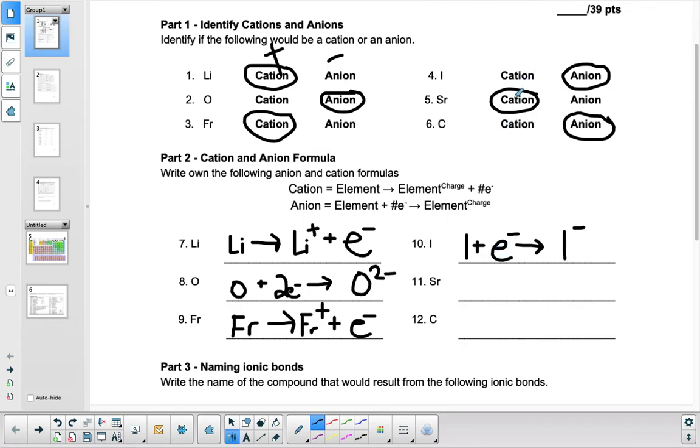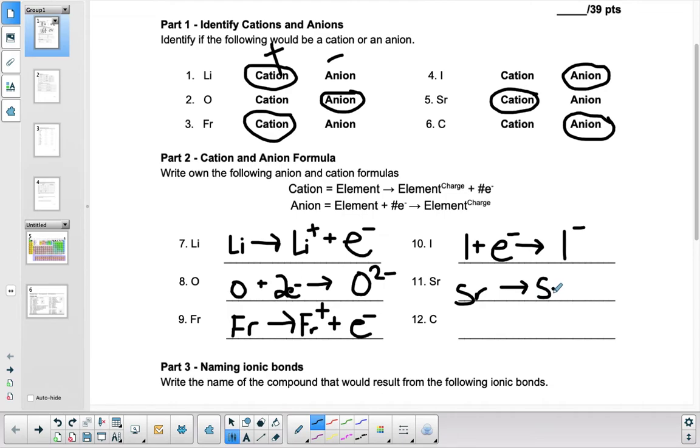Strontium, we said, was a cation. Strontium is in group 2, so it has 2 valence electrons. So we're going to lose those to bring it down to its lower shell. So we're starting off with our cation equation. We're going to have strontium, arrow, so they started out together. Now our resultant is going to be strontium with its electrons separated.